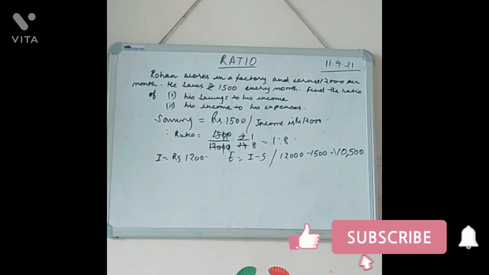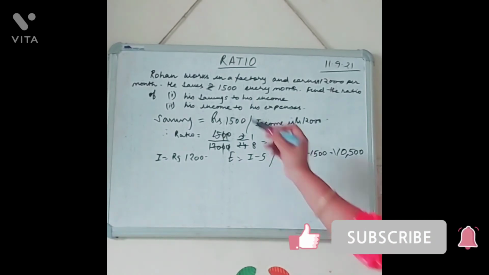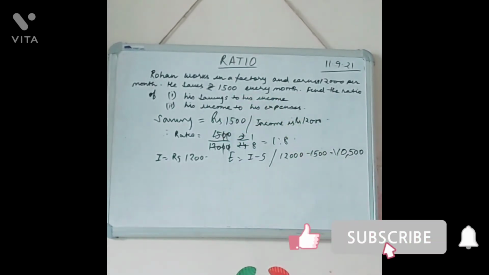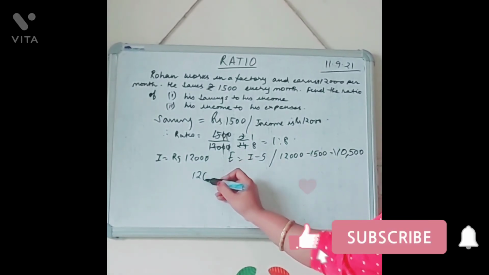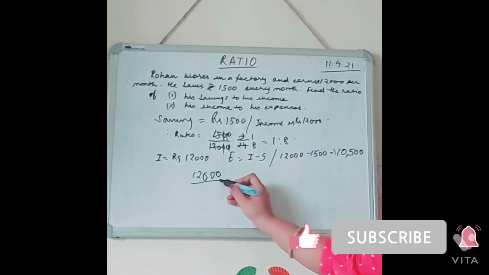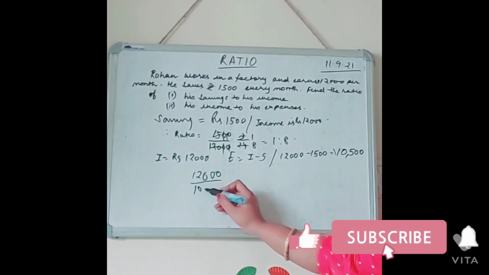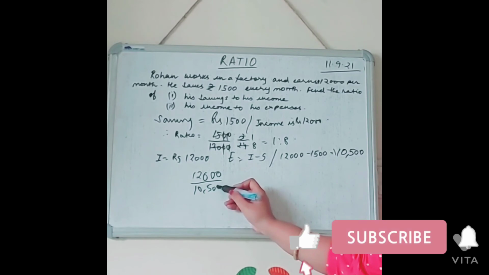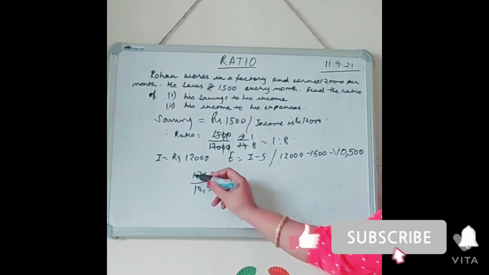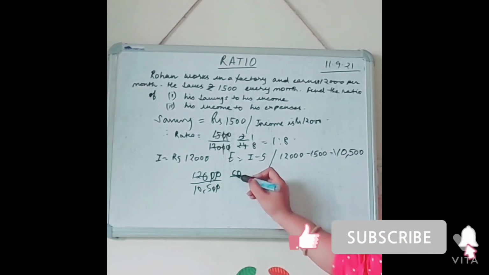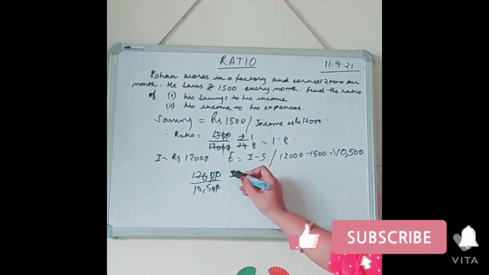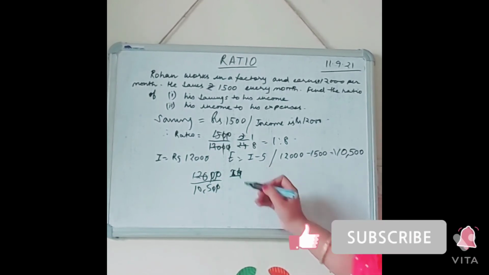So the ratio of his income to his expense. Now the thing which is mentioned first comes as the numerator in the fraction. So his income, that is 12,000, by his expense, that is 10,500, right? Now divide both. We are dividing with 5, so 5 2s are 10, 24.